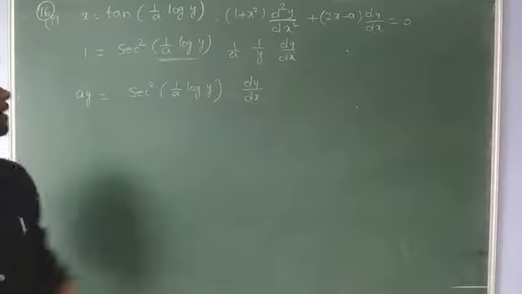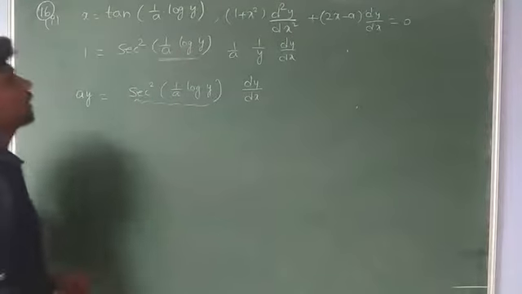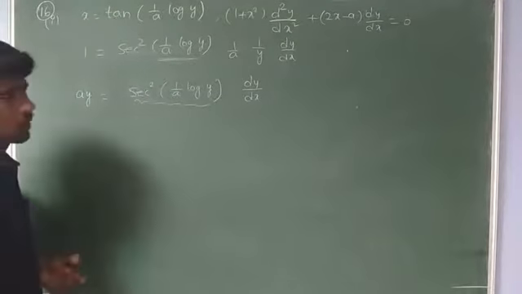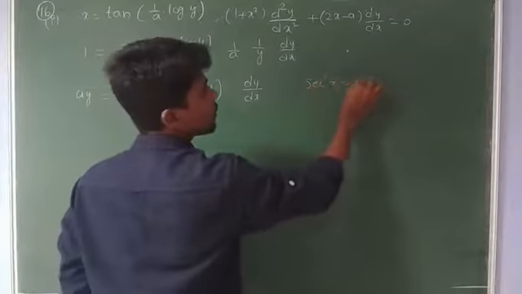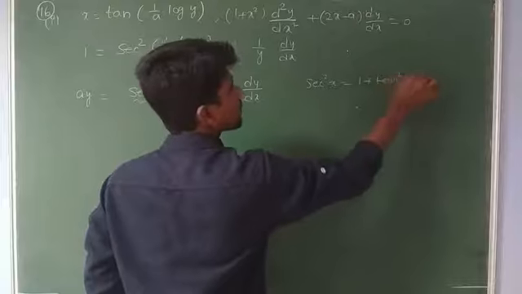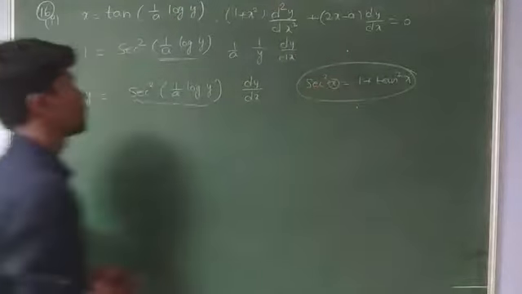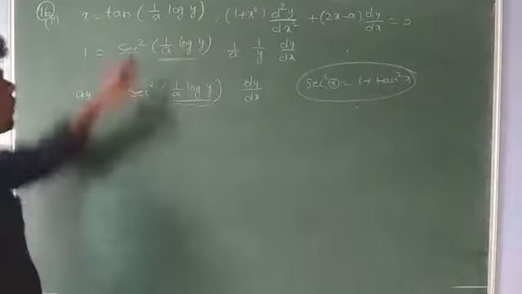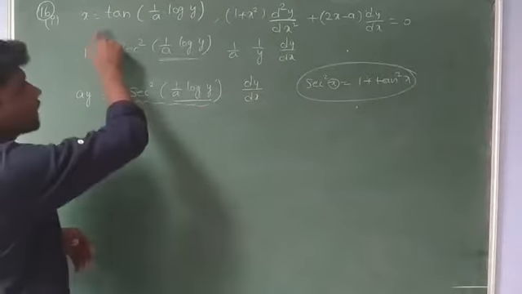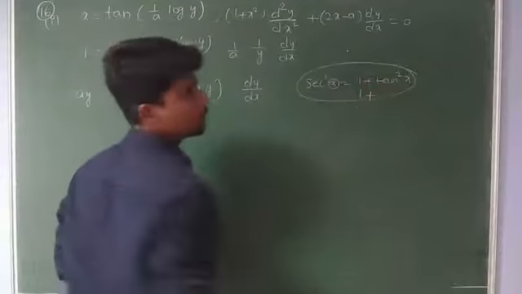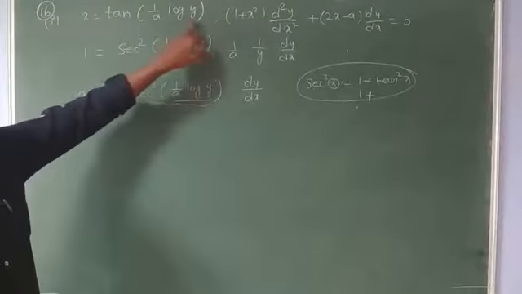Now you see the secant square I can convert in terms of tan. What relation do we have? Secant square x is equal to 1 plus tan square x, right? So in place of x what we have? 1 by a log y. If I convert in that way, I get 1 plus tan square 1 by a into log y, right?